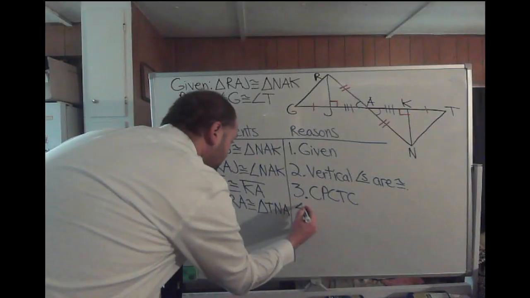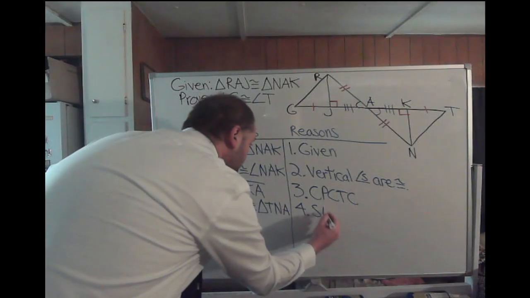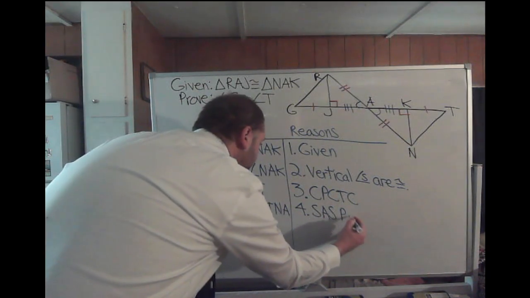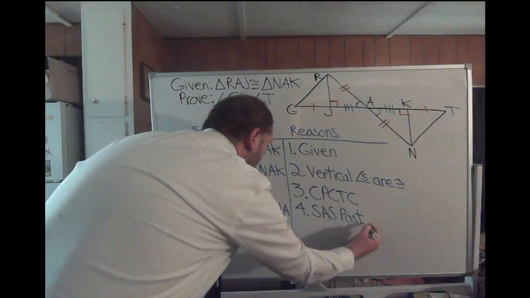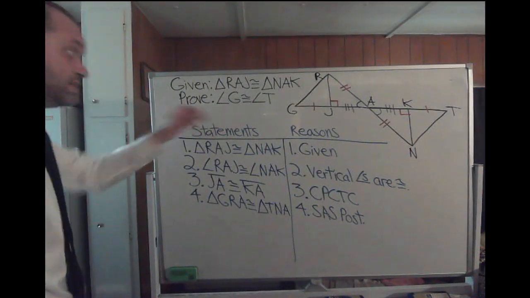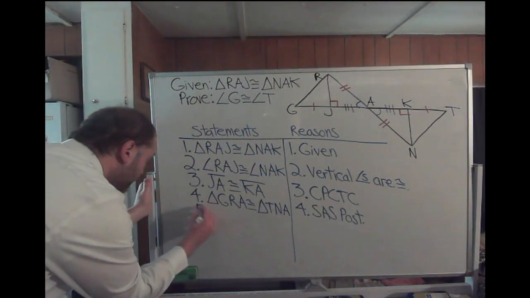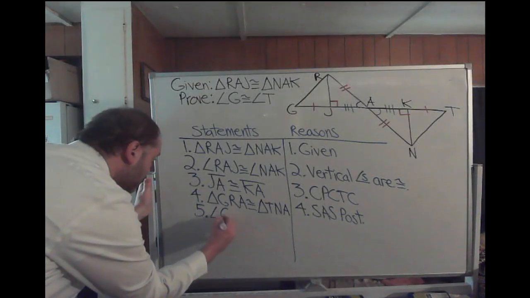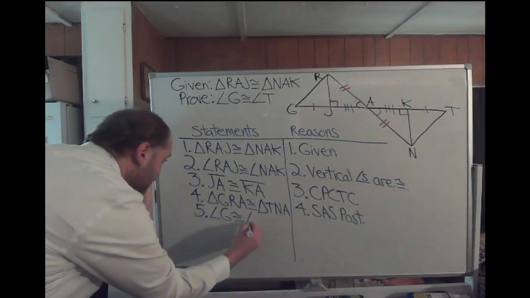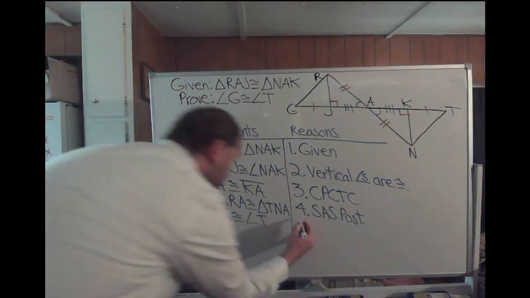We could say that by the side angle side postulate. Which then, last but not least, we can now say that angle G is congruent to angle T by CPCTC.